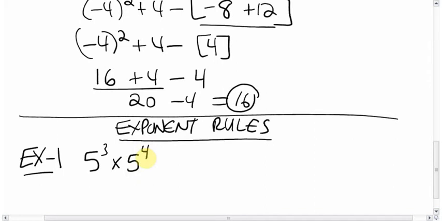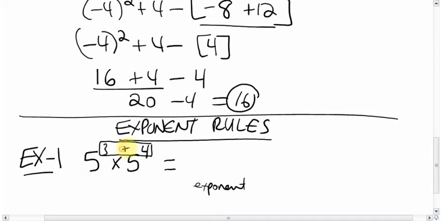Now before you start thinking, oh my god, I have to figure out what 5 times 5 times 5 is, multiply that by 5 times 5 times 5 times 5. You don't have to do that. If the question says leave your answer in exponent form, then we can use one of our exponent tricks. Now I showed you before why this is the case, but what you do when you have the same base and you're multiplying exponents, you add them.